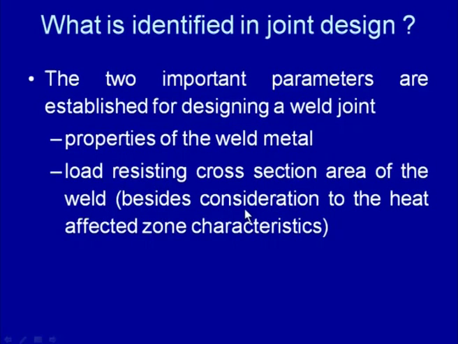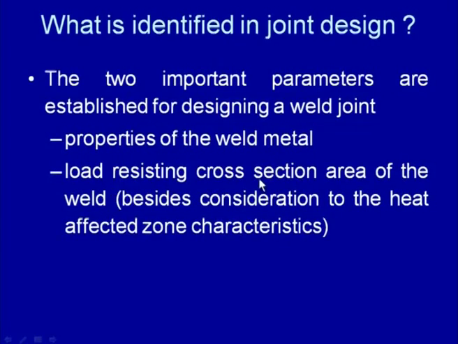That kind of failure mostly occurs due to the deterioration or reduction in properties of the heat affected zone due to the weld thermal cycle experienced by them during the welding. And therefore, a sound design of the weld joint not only considers the properties of the weld metal and load resisting cross sectional area, but any variation in properties of the heat affected zone is also considered.